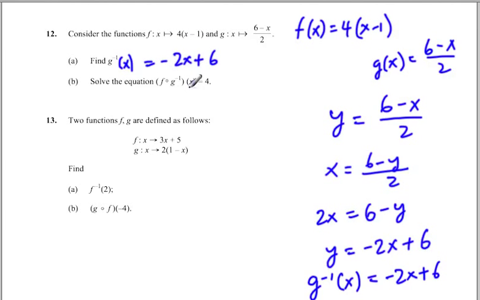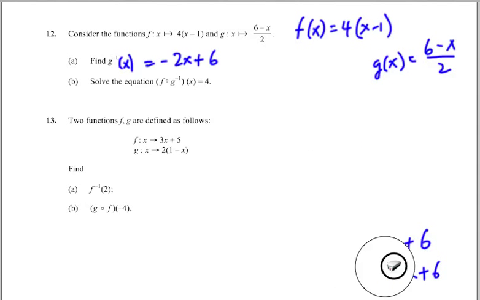Okay, solve the equation f of g inverse of x is equal to 4. So let's do that. The first thing you have to do is find what f of g inverse of x is. We just found that g inverse of x is that.